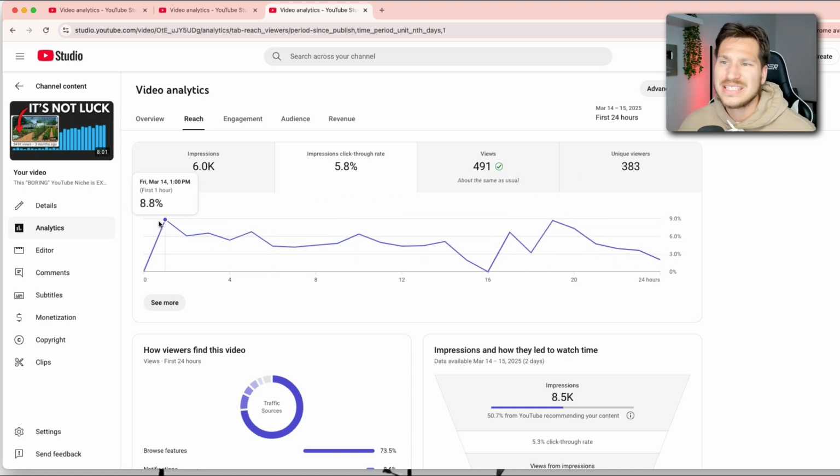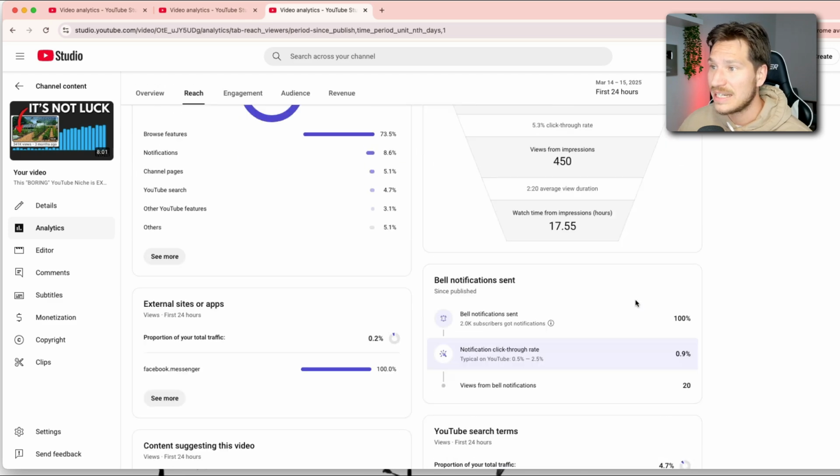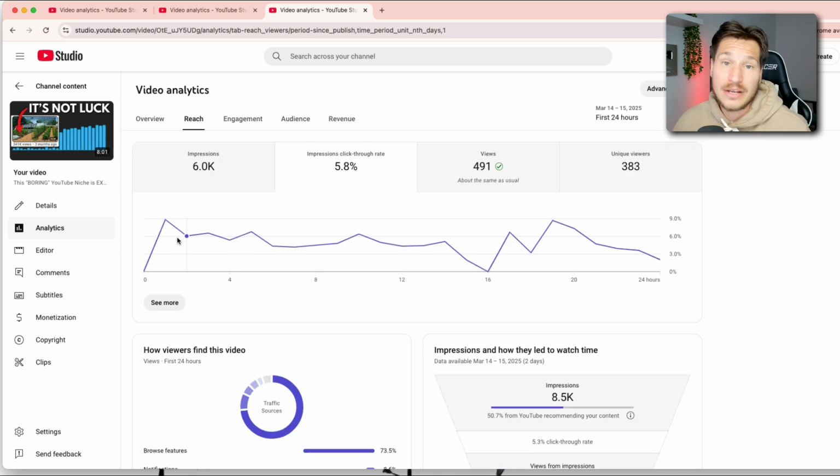Now, what do these spikes mean? All right, let's understand this real quick. The spikes up, down, all of that. This means that YouTube is testing different audiences. So when they test it up here, this is a separate audience than this one right here. They're testing different audiences and seeing what resonates with who best, right? And it could be, if I did a thumbnail split test, which I didn't on this one, but if I did, then it would be like, okay, maybe I tried it this hour to this percentage of people, and then this one, and it kind of keeps fluctuating up and down.